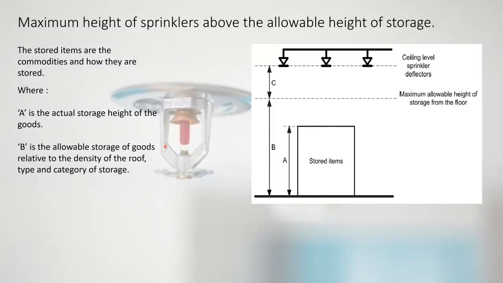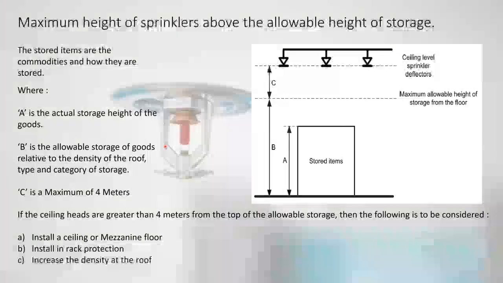B is the allowable storage of the goods. So when you find that you're going to be using a certain density, that'll allow you to store up to, say, 4 metres, but your actual storage of goods may only be 3.5. Okay. And C, between the allowable storage and the height of the sprinkler heads, is a maximum of 4 metres. Okay.